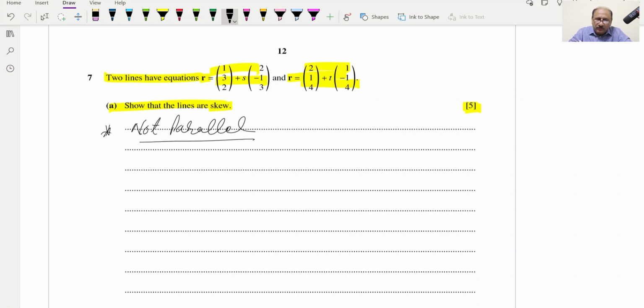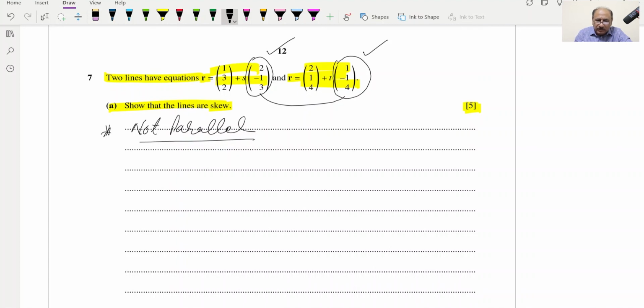For this one we can check 2 minus 1 and 3, and 1 minus 1 and 4. These are not multiples of each other, and these two should be multiples of each other for parallel lines.